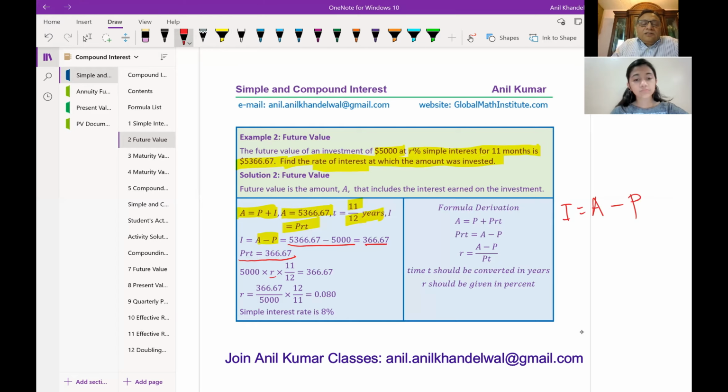So let us now compare. The amount for simple interest is a linear function, right? Which is P times 1 plus RT. And the amount for compound interest is an exponential function. Do you see that part? So if you're trying to graph that, then as we saw earlier, the graph for simple interest will be a line, this is the amount.